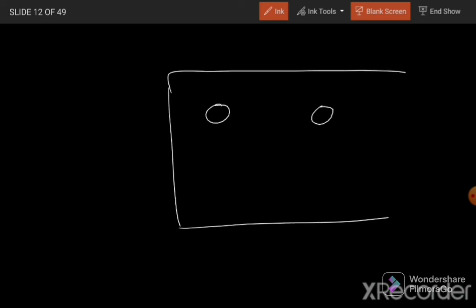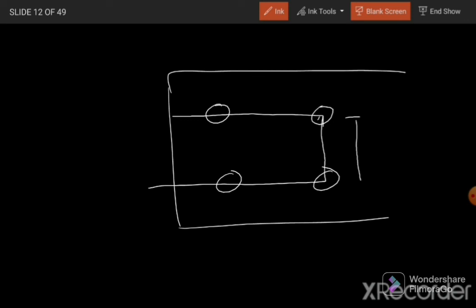And if the situation is like this, we have holes over here and the failure is like this. We know the distance between the centers of the holes, for example it is equal to L1.